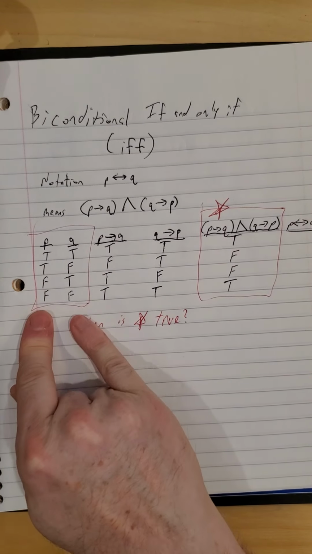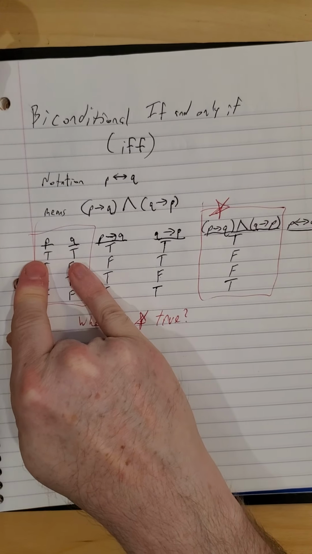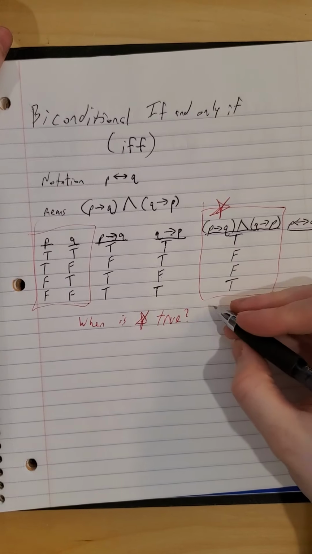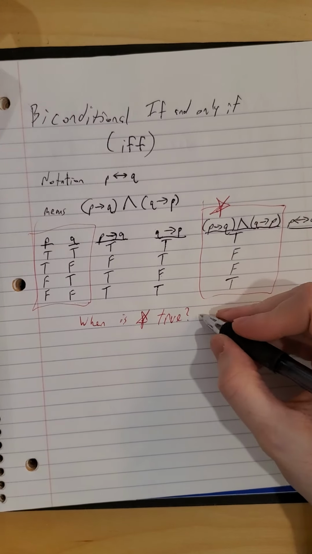You might have noticed it's true two times when it's either both true or both false. So in other words, when both pieces have the same truth value.